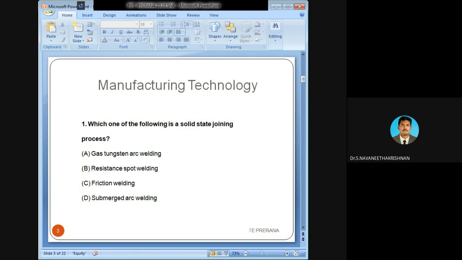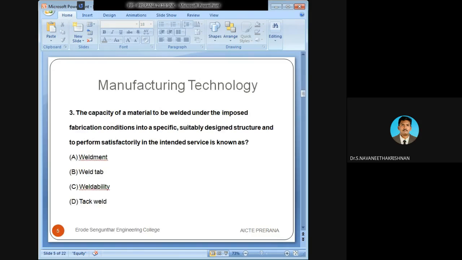The correct answer is friction welding. The material remains in the solid state, so you have to write which one is solid state.